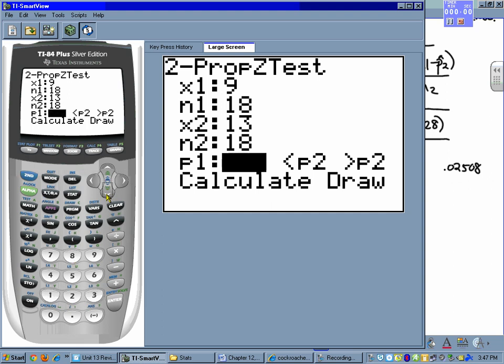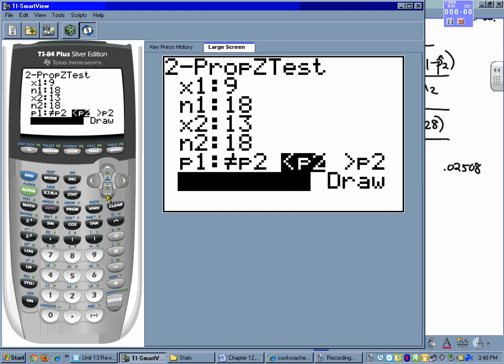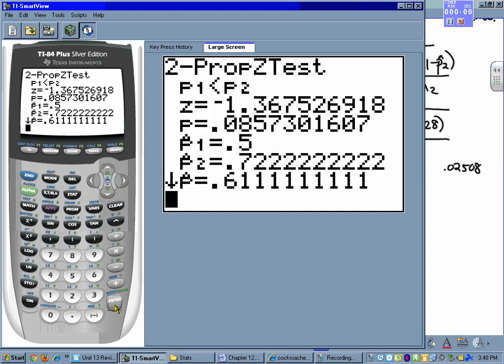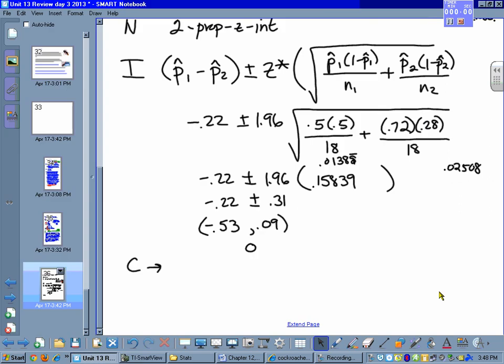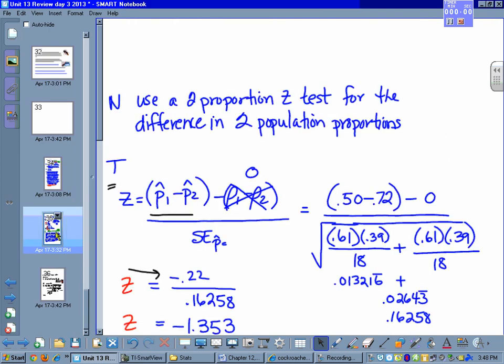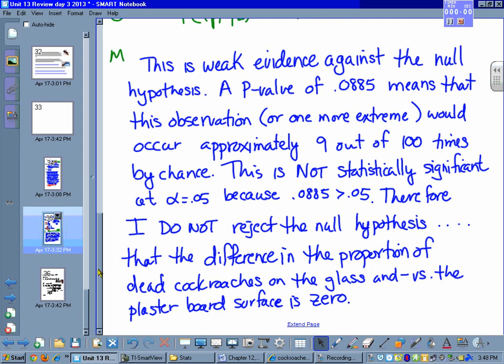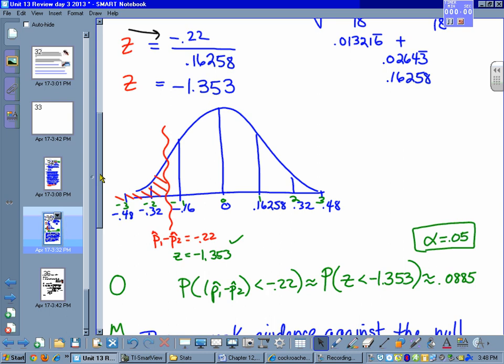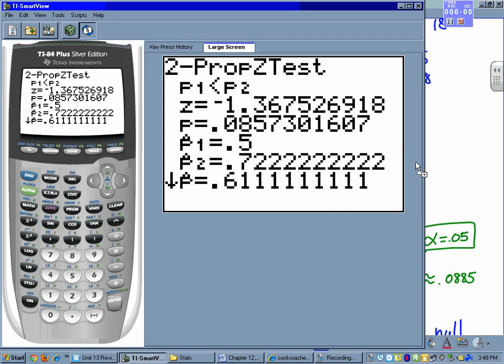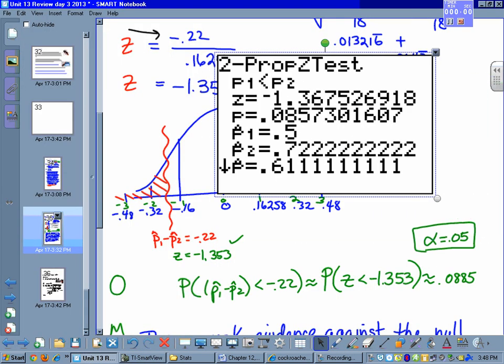And I just wanted to calculate the difference first. No, I wanted to say that the P1 should be less than the P2. So if I calculate that, there is the 0.08 that looks very similar to this answer here. So I'm going to put my screenshot over here. So it is verified.